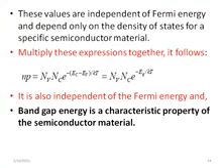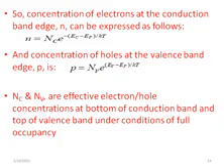Now, how do we eliminate that EF, which is the Fermi energy? We will multiply n by p, and if you do that, n times p is equal to NV NC exponential this. Why do we have this? Let me go back here. If you multiply exponential and exponential, you take 1 and add the values on top. So you can see that here I have minus EC plus EF.